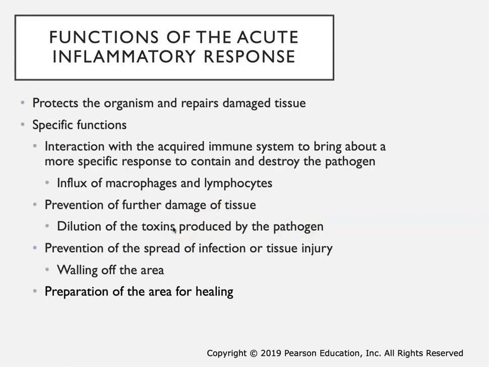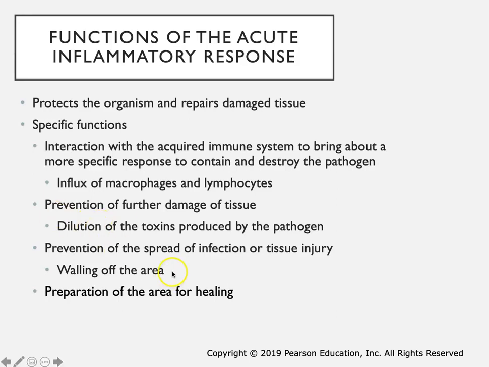Also, if you think about infection or tissue injury, part of this response will try to wall off the area. It confines the injured or damaged area so that it doesn't spread further, and then preps that area for healing.